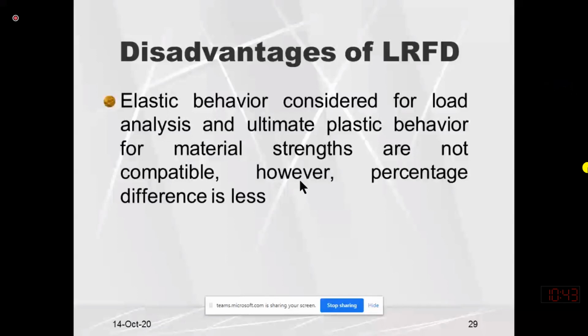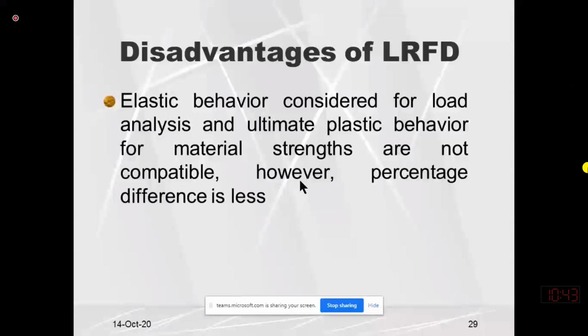However, the percentage difference is very small. Actually, 0.9 Fy is very close to the yielding point, so within that zone our material might behave a little bit plastic in nature. There might be some permanent deformation, but the difference will be very small.